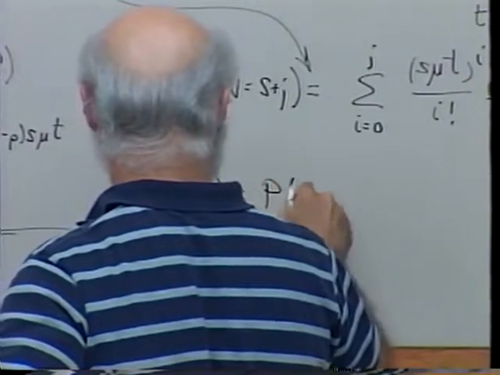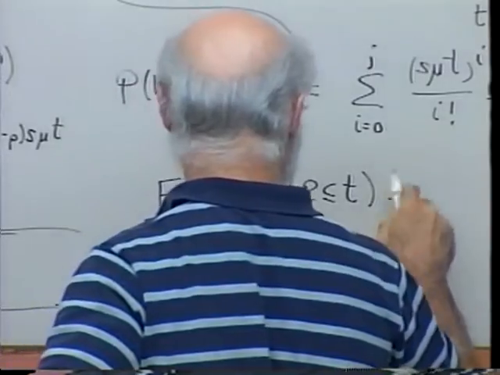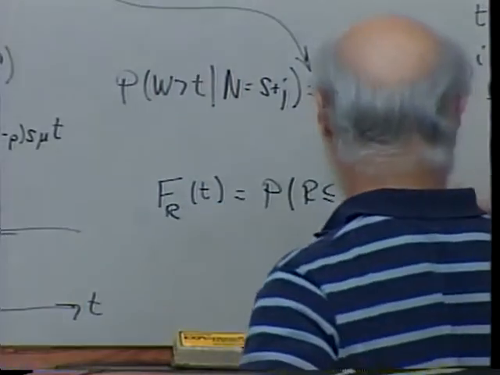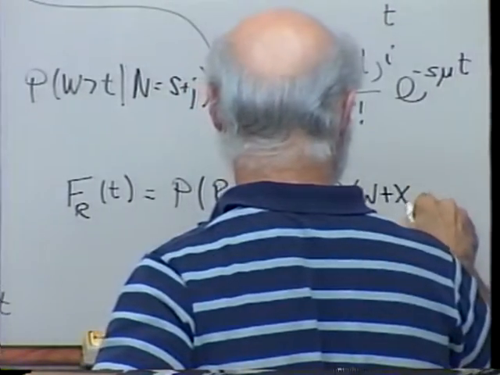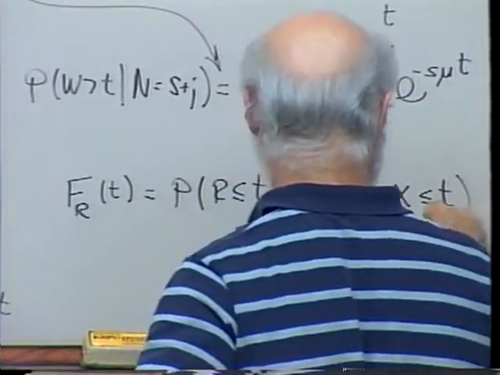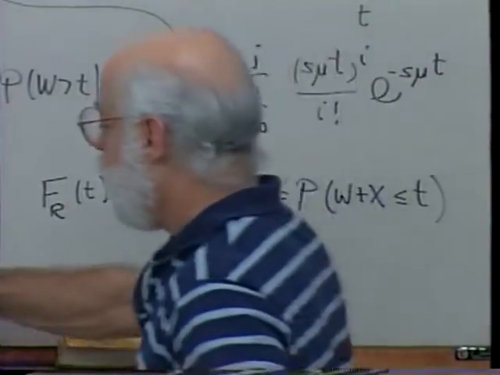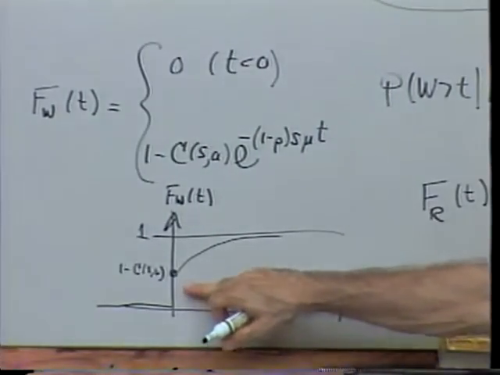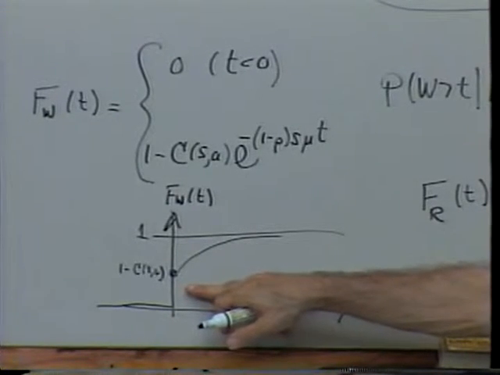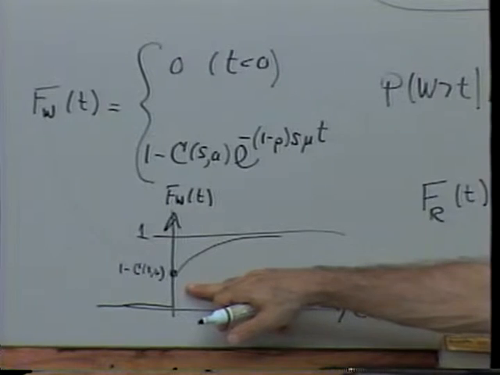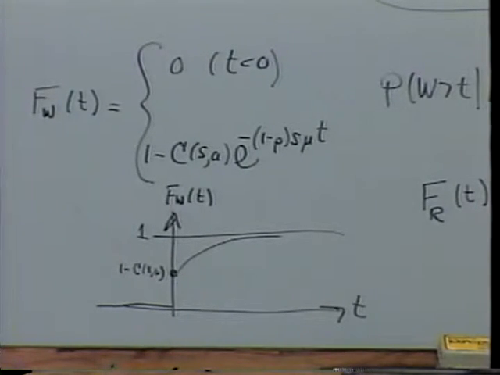In other words, the probability that r is less than or equal to t. Now r, by definition, is the response time, which is the sum of the waiting time plus the service time. I'll get back to this later, but I just want to point out that this distribution function has this discontinuity, and W is therefore a mixed random variable. It's neither discrete nor continuous in the undergraduate elementary sense.